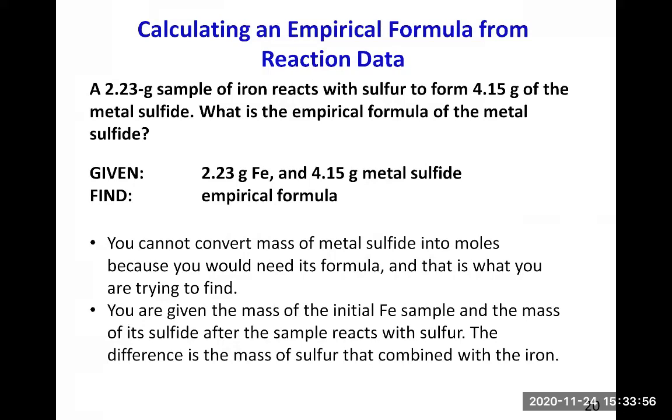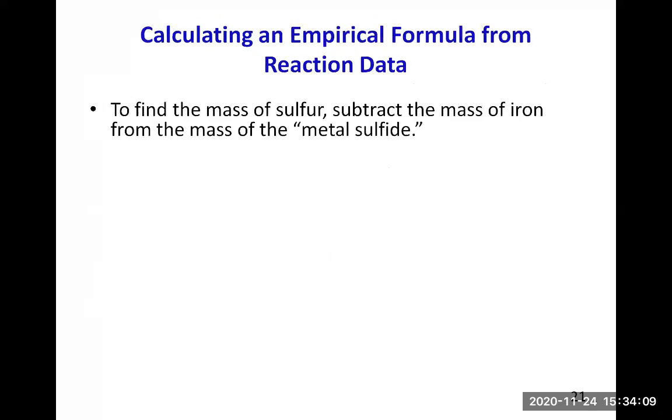So the mass of the metal sulfide minus the mass of the iron will be the mass of the sulfur. You get the mass of the sulfur by difference.